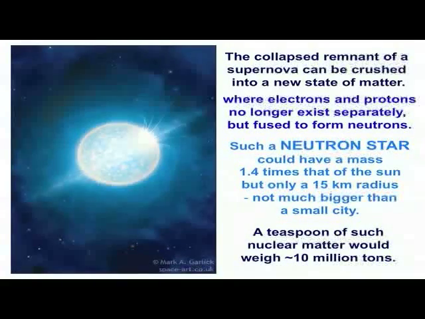This nuclear state, denser than the nuclei of atoms, is such that you could imagine a planet nearly 50% bigger than our own sun, not expanding beyond the boundaries of the city of Lincoln. And a teaspoon of such nuclear matter would weigh 10 million tons.